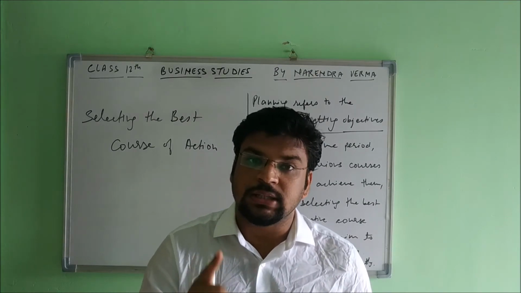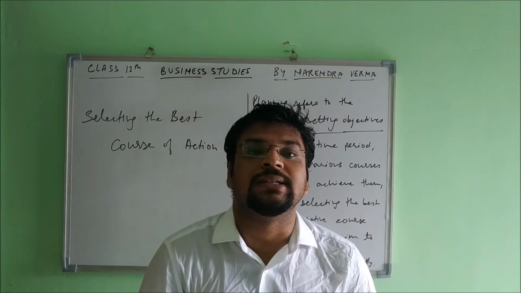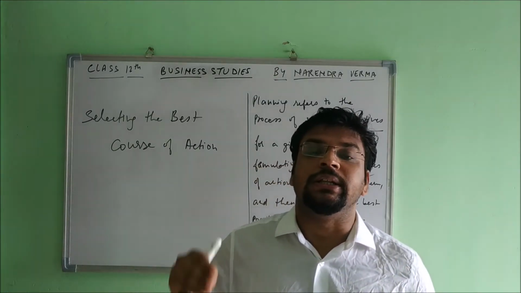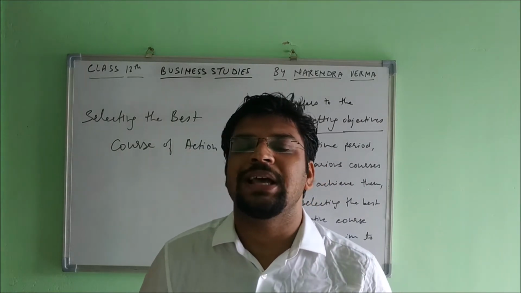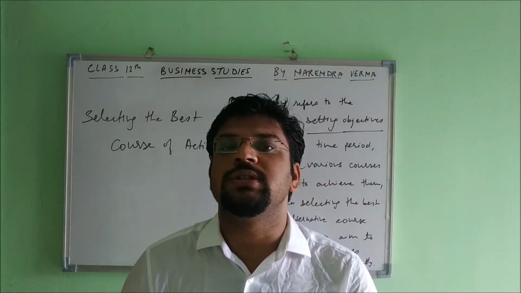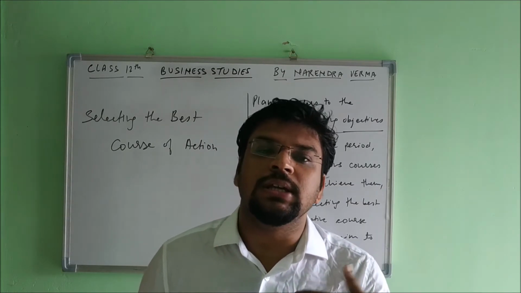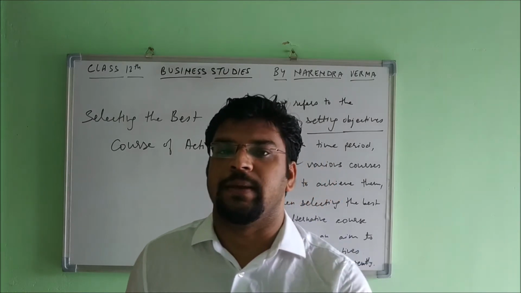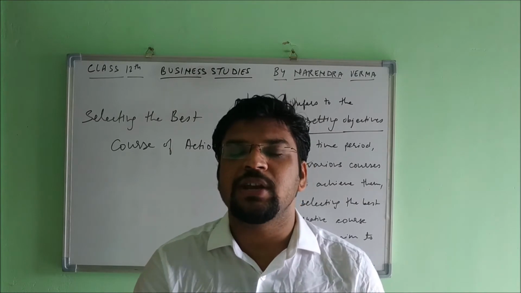This is why we call planning a decision making process. Here the organization, or better said the managers working in the organization, have to choose the best course of action so that the organization can start functioning on it. So this is not an easy step.